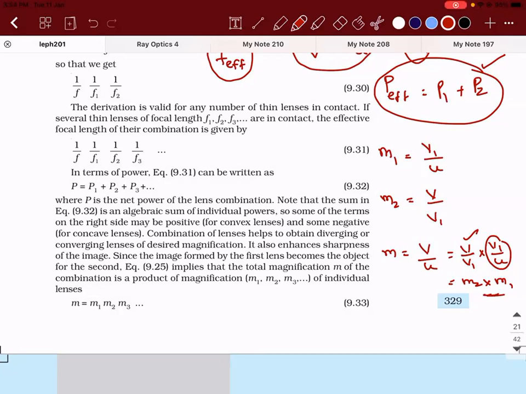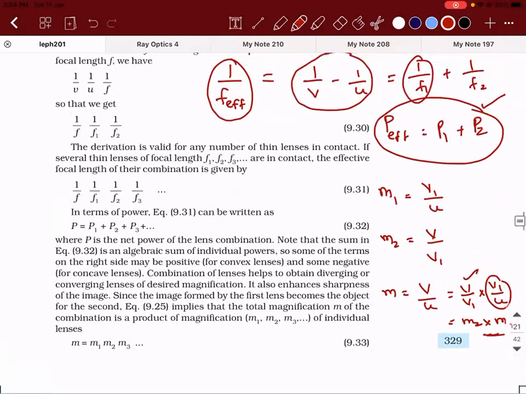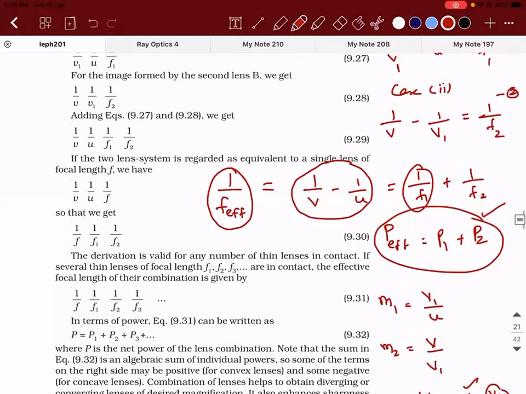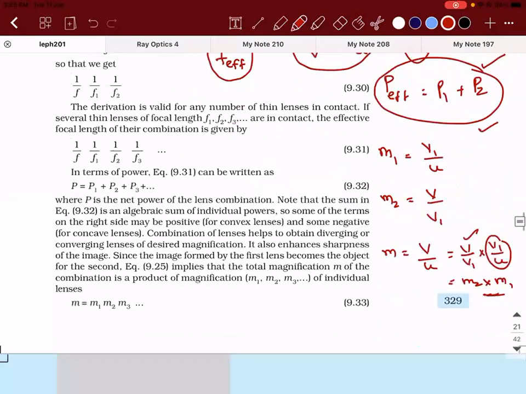So three important points that we have understood: the reciprocal of the effective focal length is equal to the sum of the reciprocals of the individual focal lengths with proper sign convention. Similarly, the effective power is equal to the sum of the powers of individual lenses with sign convention.